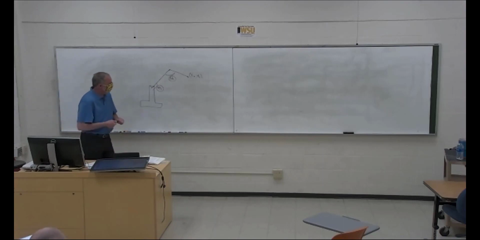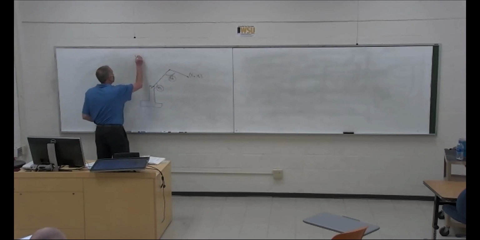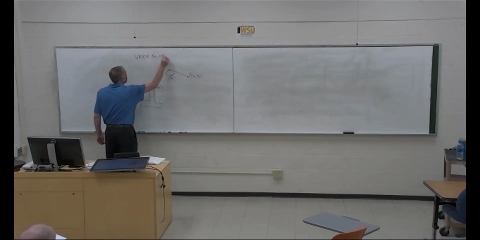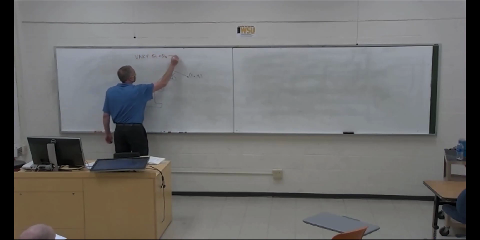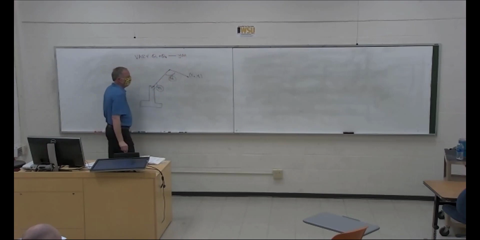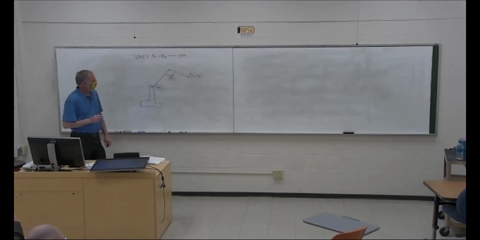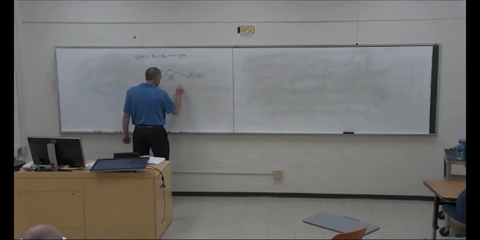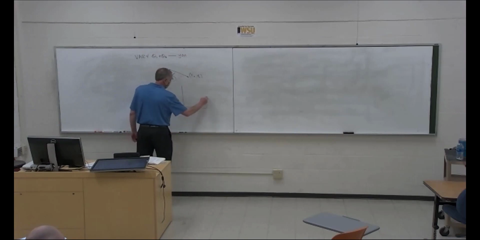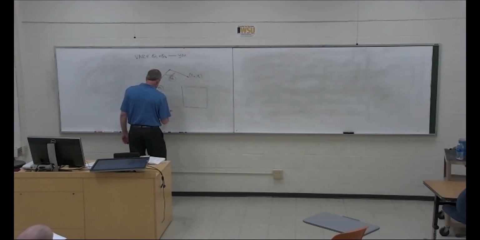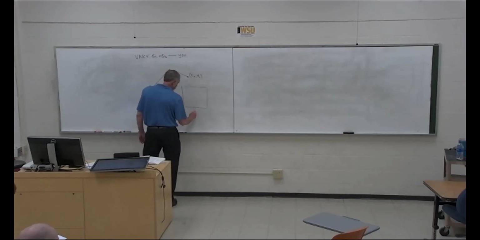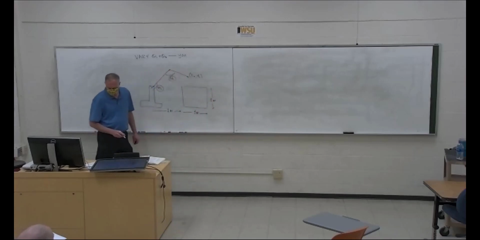So it's totally up to you how you vary theta 1 and theta 2, and how many data points you collect. And it needs to operate inside this box. That's 1 meter over, and then another meter over, and then another meter up like that.